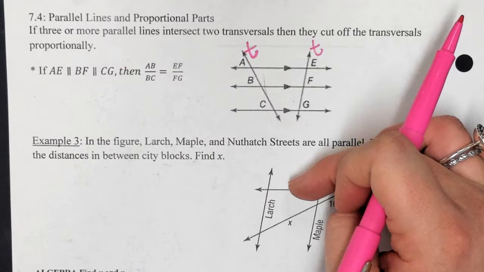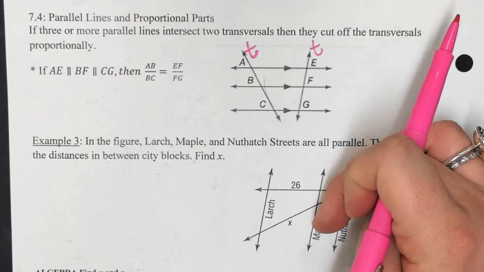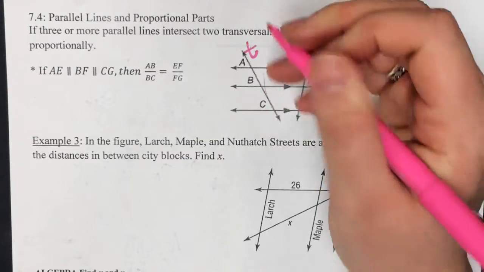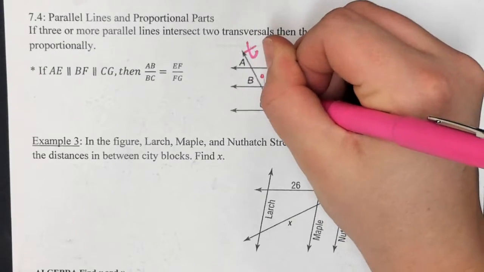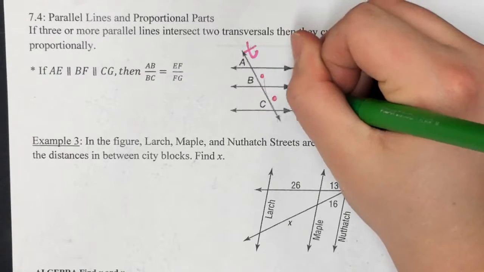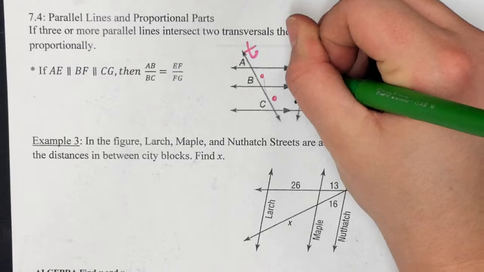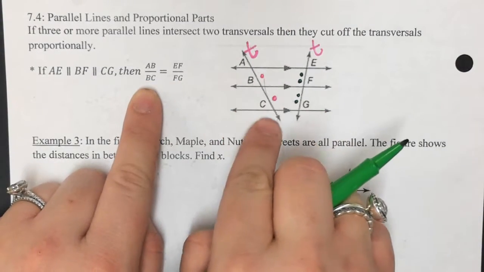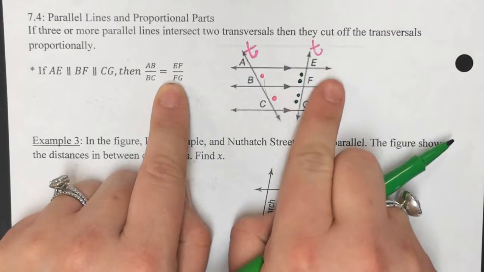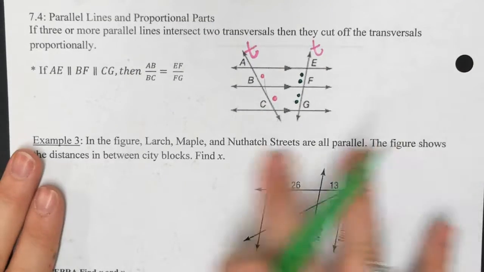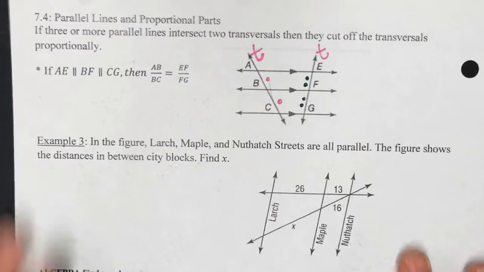So AB is proportional with BC, and EF is proportional with FG. So we could do AB over BC is equal to EF over FG. That's why I wanted y'all to set up the front like this, because you're going to have to set this one up like this as well.